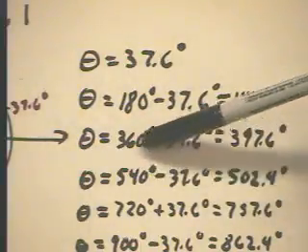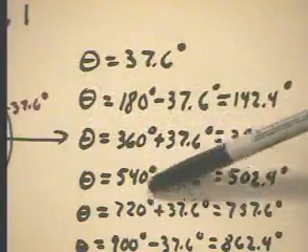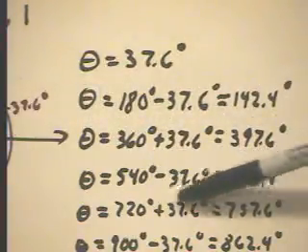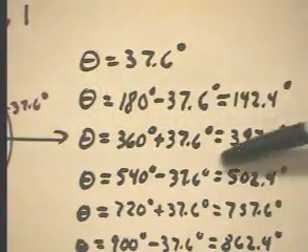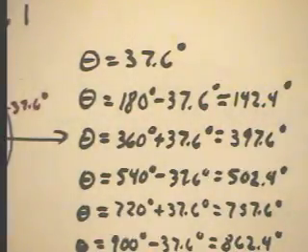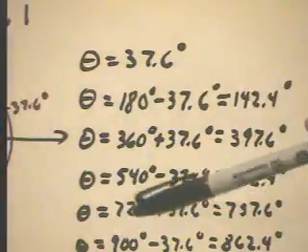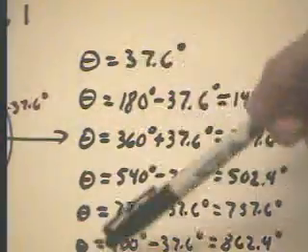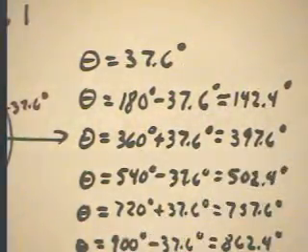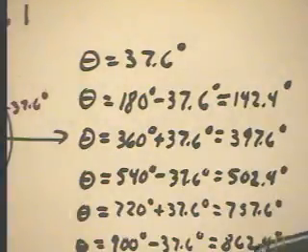We can go around 360 and another half cycle, which brings us to 540, and then backtrack 37.6 degrees, giving us 502.4 degrees. We can go two complete cycles, 720 degrees, and add the 37.6. Two complete cycles and another half cycle up to 900, and then back 37.6, obtaining these angles.